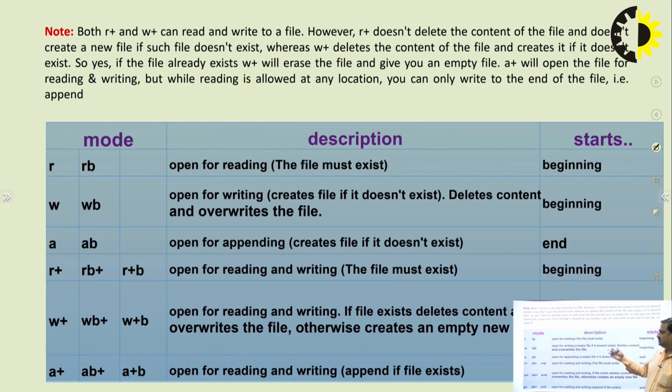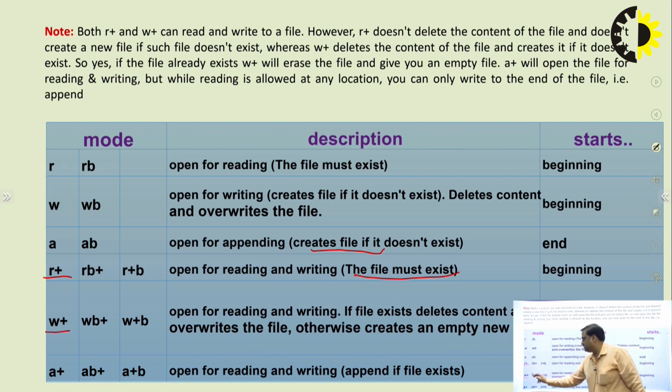So these are some forms of modes, and we can also use R plus. R plus means read is major, but both reading and writing operations can be performed. It will not create the file. If the file exists, then the operation can be performed.